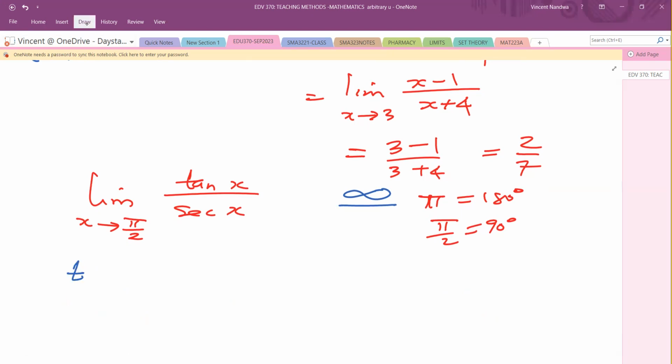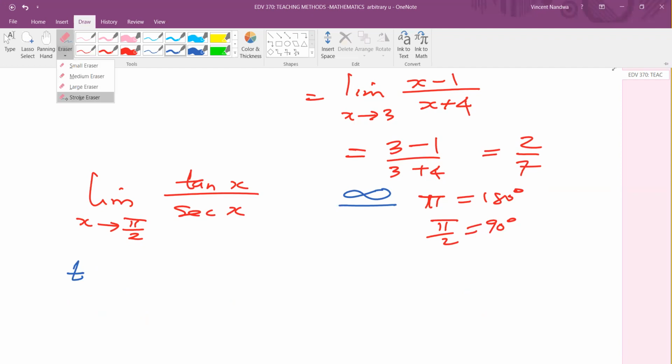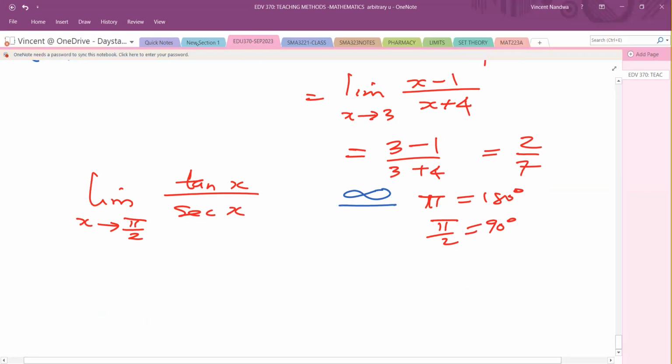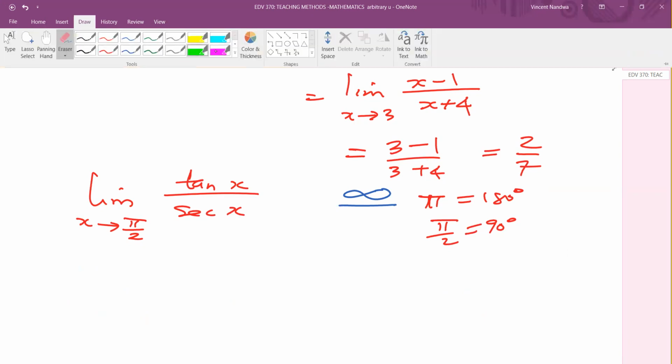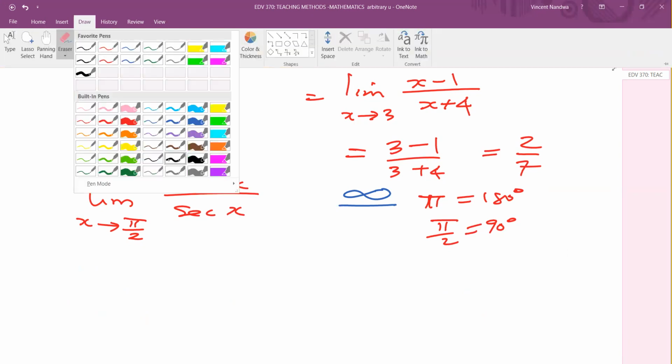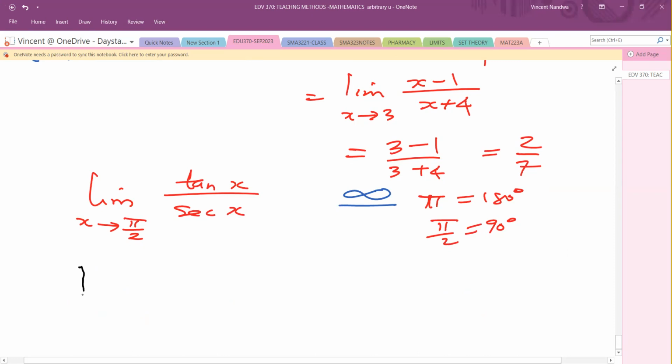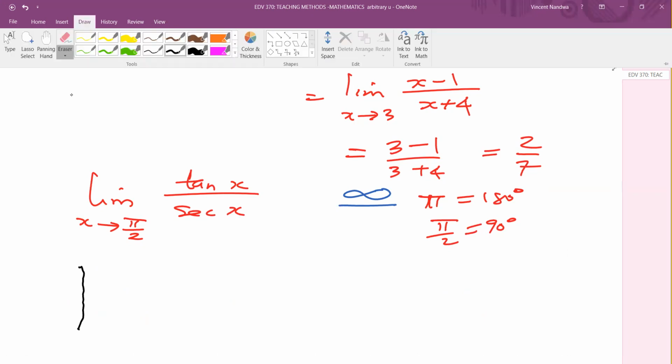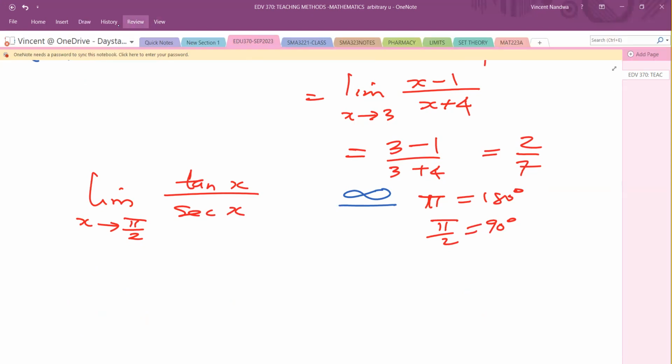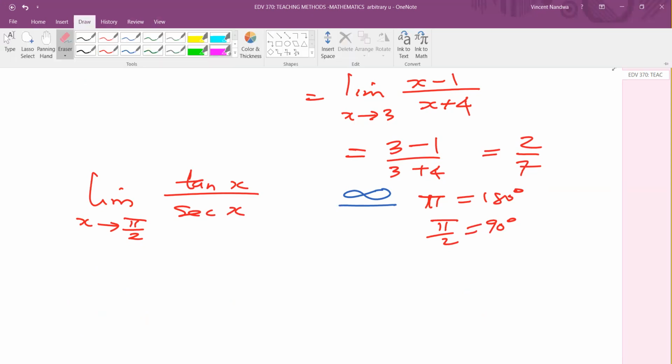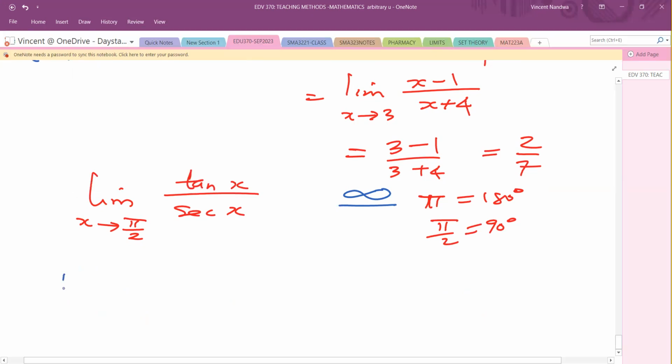Let me just start with the basic. Let me remind you some things on basic trigonometric functions. Ukiwa na a right angle triangle, inakaa hivi. If you have this, believe that this is a right angle triangle.